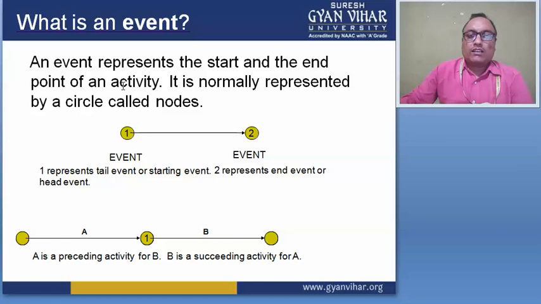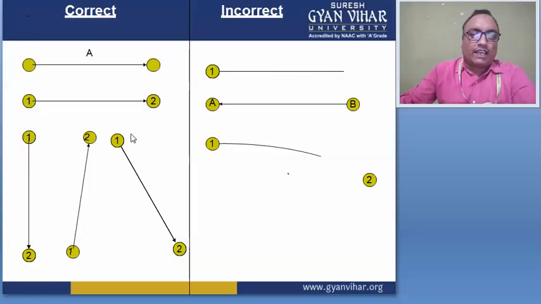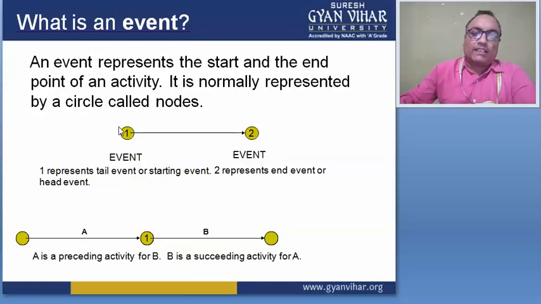What is an event and which types of event occur? An event is represented by a circle. An activity is represented by an arrow and an event is represented by a circle. This is the starting event and this is the ending event, or we can say there are different types of events. It is normally represented by a circle called a node.